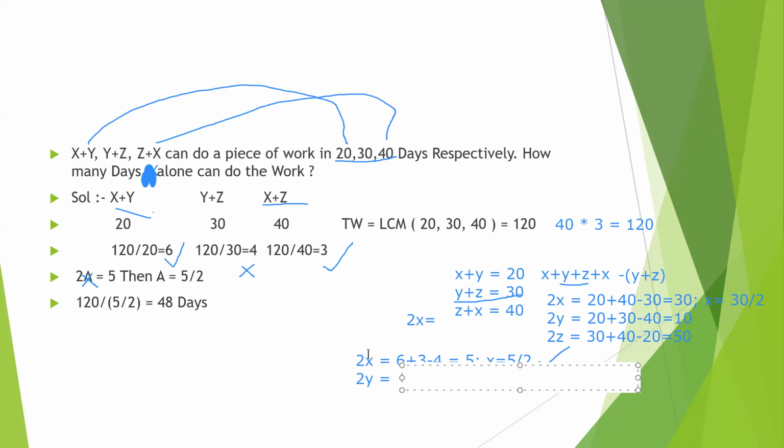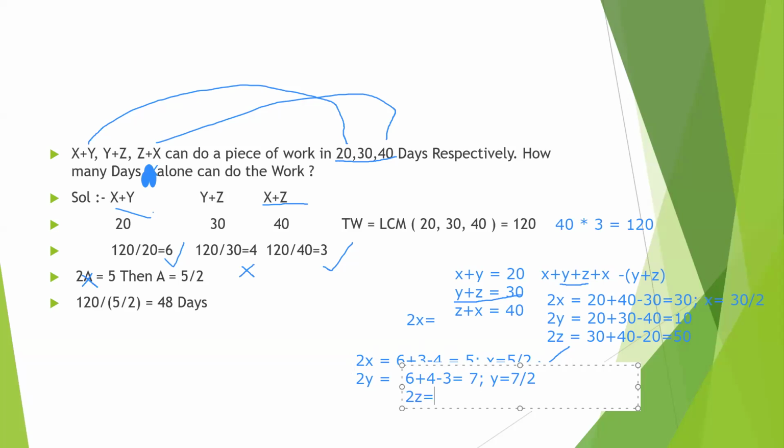So we can write 6 plus 4 minus 3, that equal to 10 minus 3, 7. Therefore, y equal to 7 by 2.